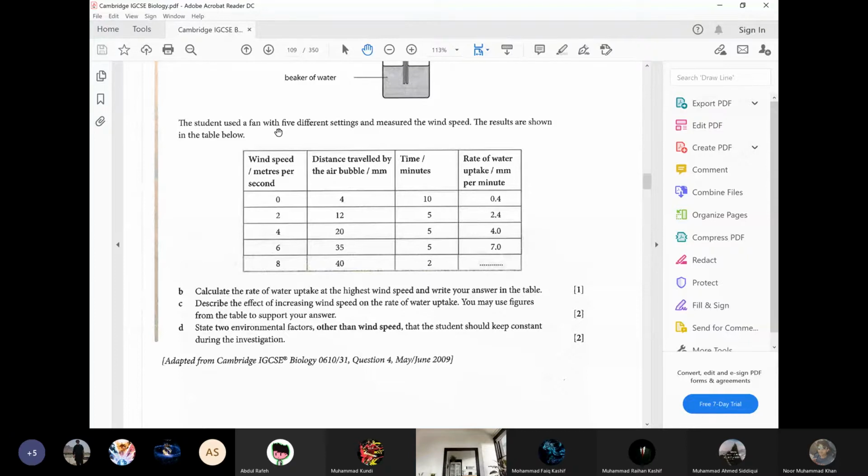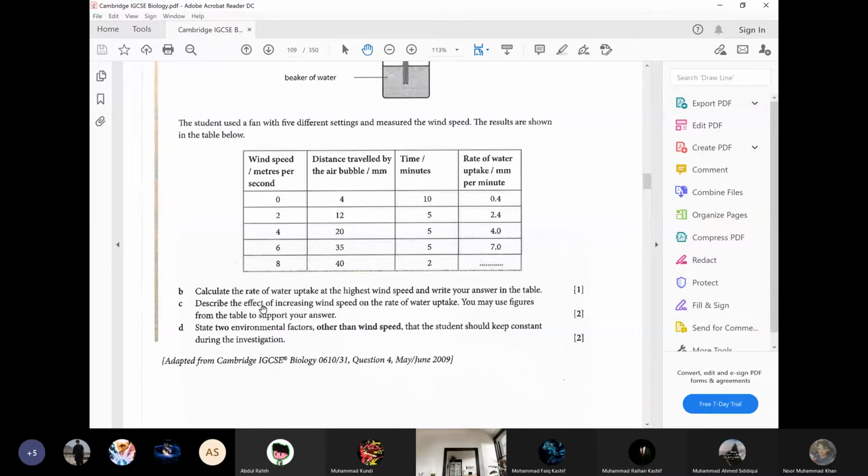Now, the student used a fan with 5 different settings and measured the wind speed. The results are shown in the table below. At 0 wind speed, the distance traveled was 4 and the time was 10 minutes. At 2 meters per second, the distance covered was 12 millimeters and the time was 5 minutes. Then at 4 it was 25, and at 6 it was 35 and 5.